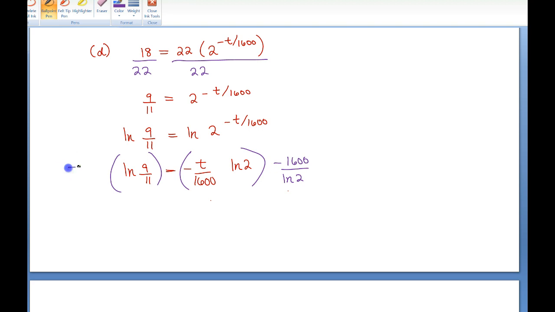So again, the ln of 2's cancel, the 1600 cancels. So I get, for D, about 463.2 years.